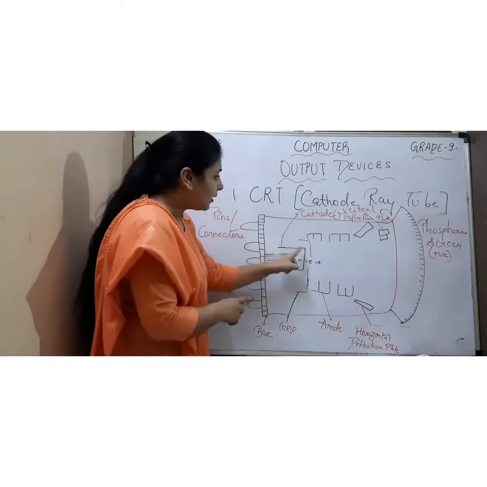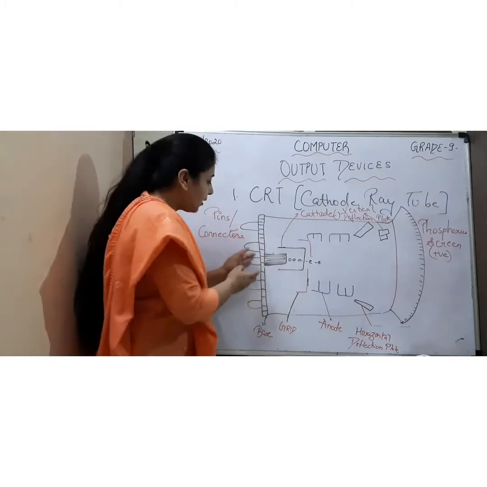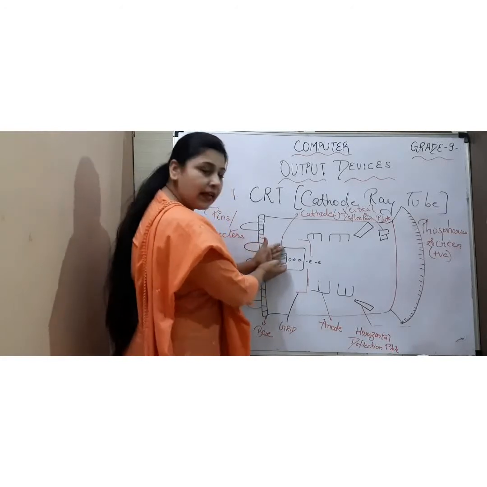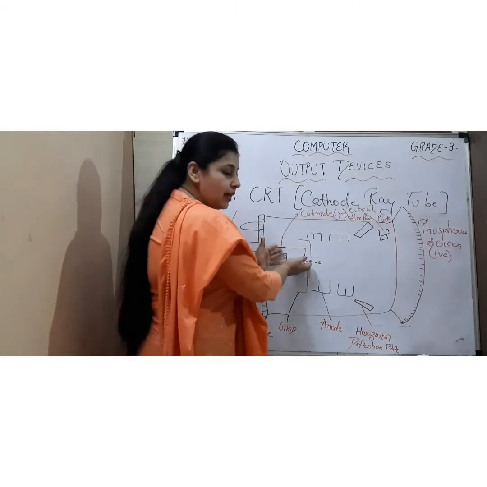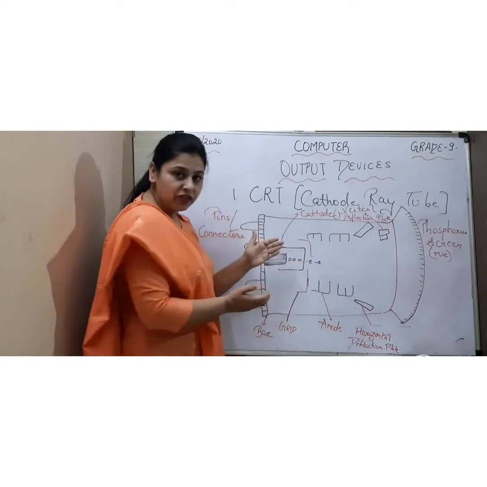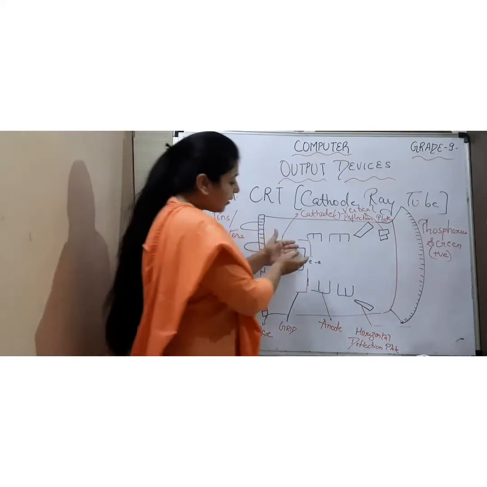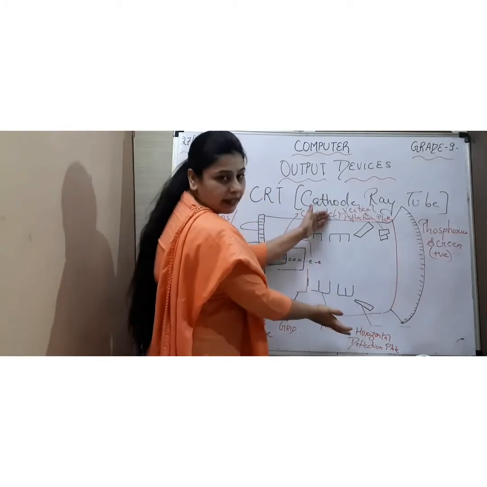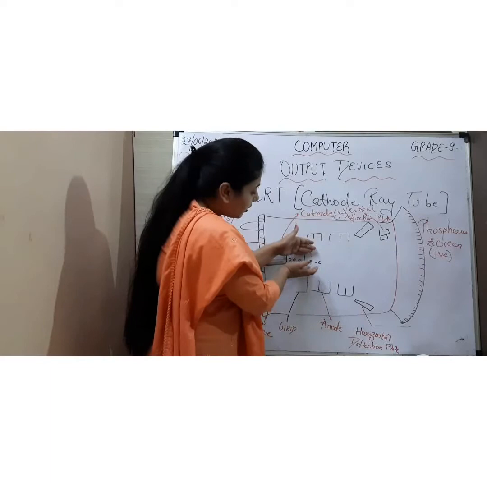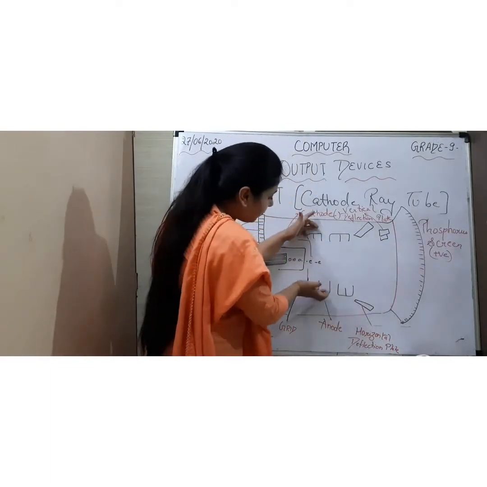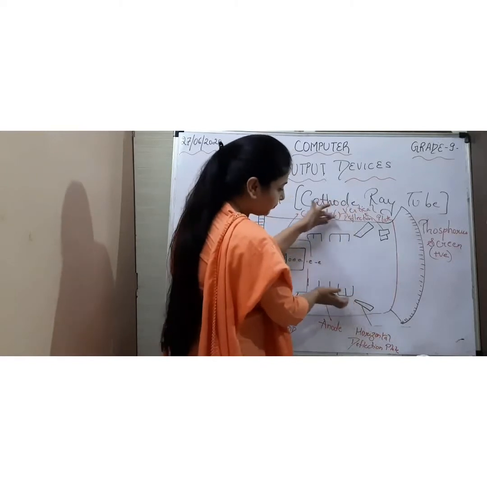Now there is one cathode ray. When this filament heats up, it produces electrons. All electrons are negatively charged. Now these electrons have a tendency to run here and there, but we want these electrons to focus on the screen. So here we make use of anodes.